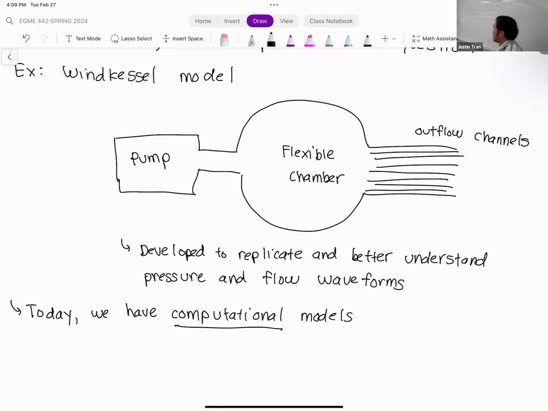Computational models leverage the power of computers, high performance computing, to solve these equations and give you results, and to model these types of phenomena without actually having to go and physically measure and observe. Okay. All right. So one example that we're going to get to eventually in the final project is a computational fluid dynamics simulation.